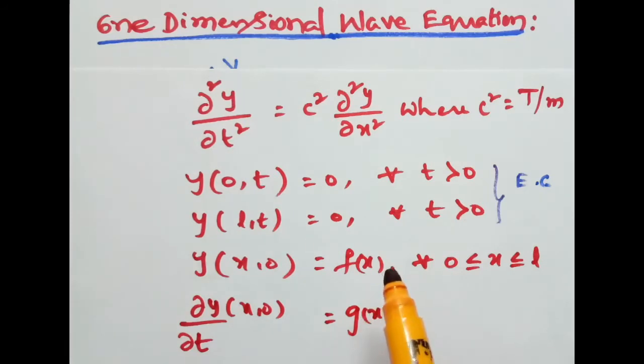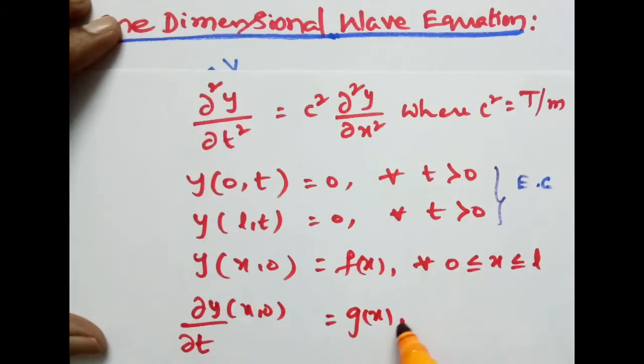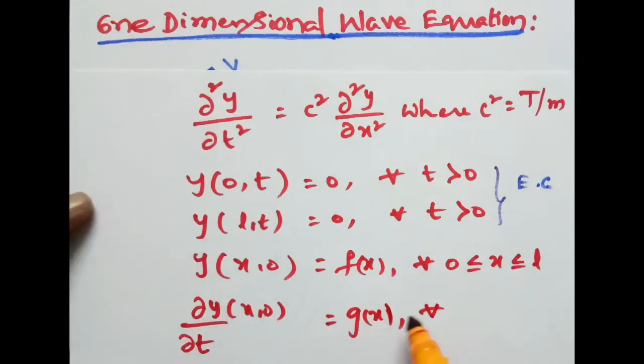So if it is released from its equilibrium position after being displaced through a distance p dash, then the initial velocity is 0. Sometimes in the function we will have the initial velocity as a function of x. So we are assuming dou y by dou t at x comma 0 is g of x for all 0 less than or equal to x less than or equal to L.